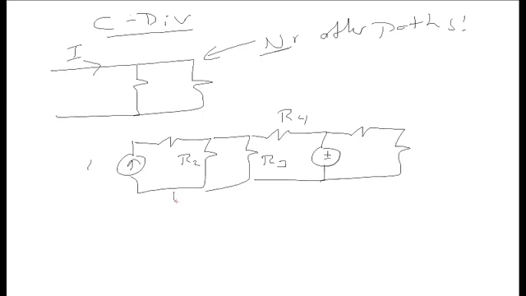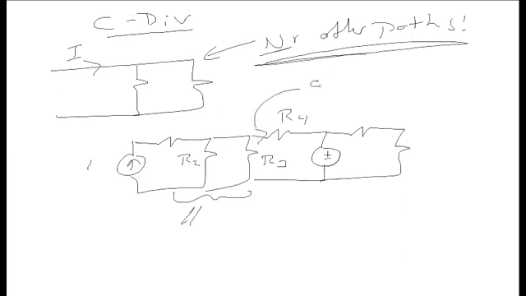We might claim that these 2 are in parallel, and they are. However, remember, there can be no other paths in order for a current divider to work. This path here, the path through R4, is that other path. Therefore, there is no current divider in this circuit.